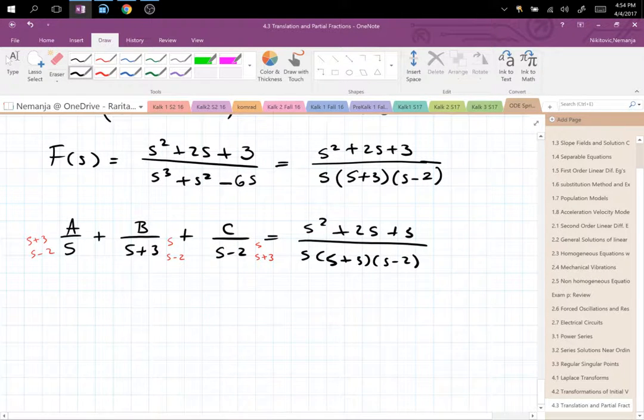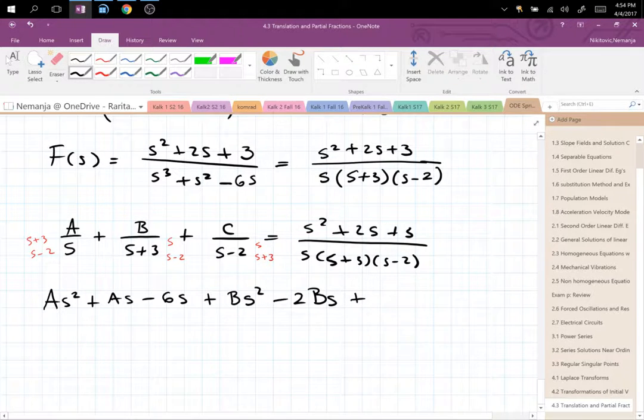So what do I have now? This is As squared plus As minus 6A, plus, now that's Bs squared minus 2Bs, and then plus Cs squared plus 3Cs.